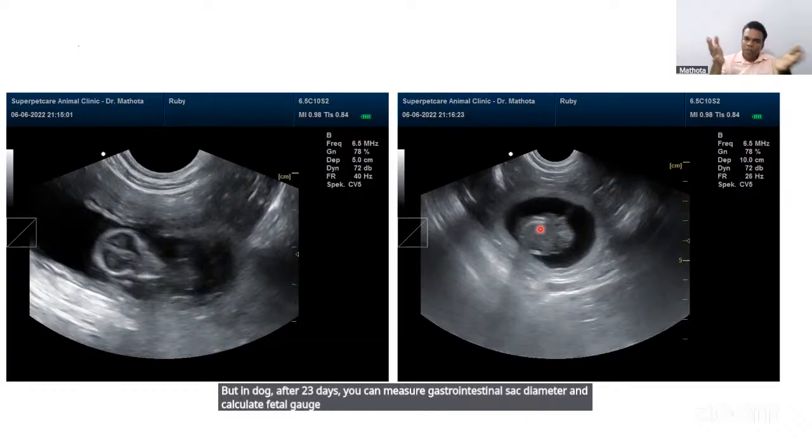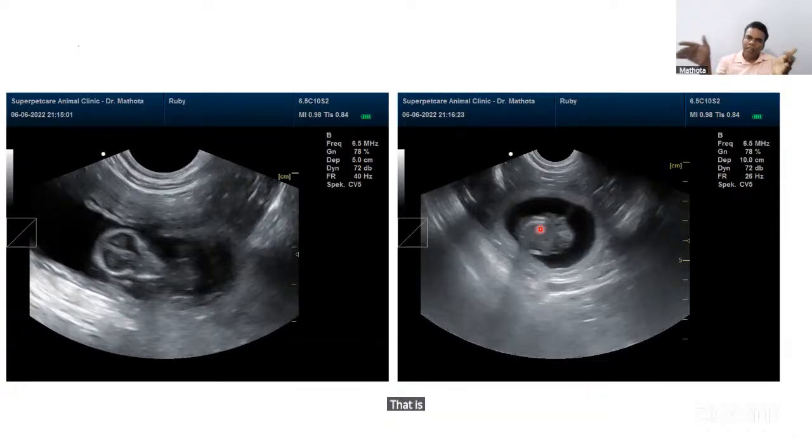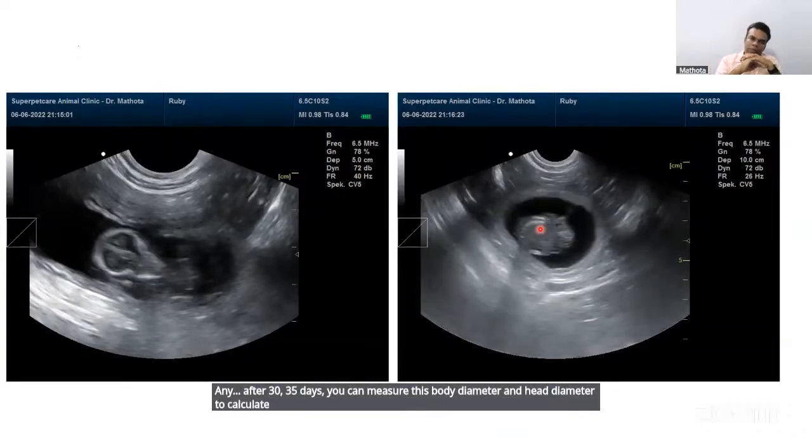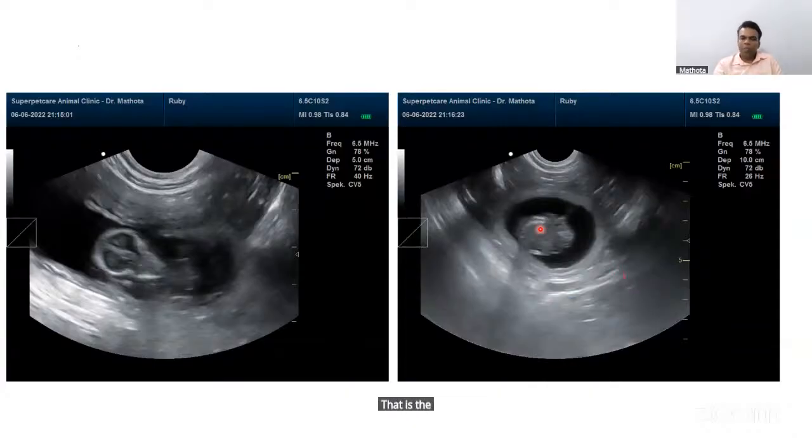Then after 25 to 27 days, you can measure crown to rump length, that is the head to tail length, and calculate the fetal age. Anyway, after 30 to 35 days, you can measure the body diameter and head diameter to calculate fetal age. That is the best measurement we can do in both dog and cat. We can give the expected delivery date and fetal age.